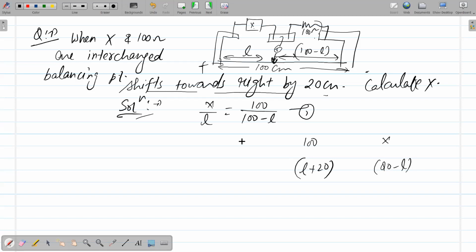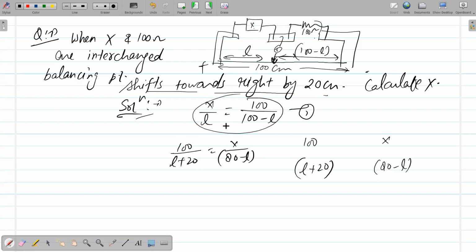Okay, so let's form the equation again. 100 by L plus 20 equals X by 80 minus L. Now do one thing, just multiply these two equations and find out L. Or you can find out L from this and then put this L in this equation.